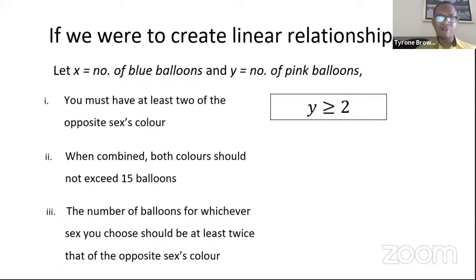And I saw a number of persons saying it. What was the confusion was whether or not we're talking about X or Y. But in this situation, we already established that we were talking about Y, the number of pink balloons, and that number had to be greater than or equal to 2. So I'm hoping everybody understands that aspect of it.